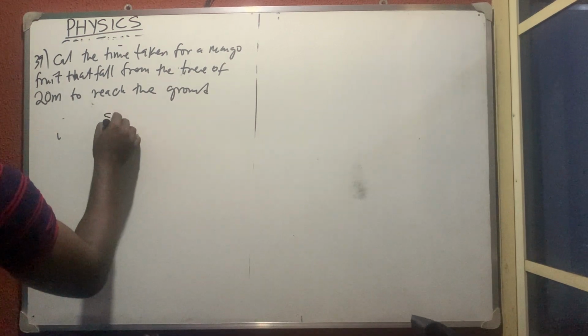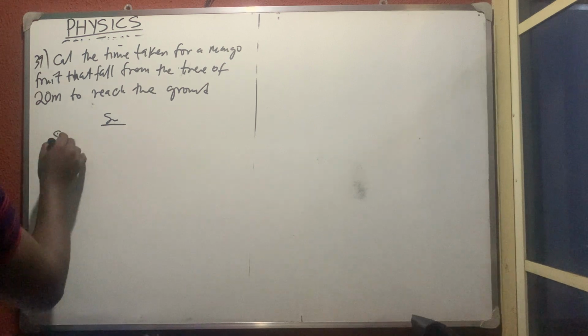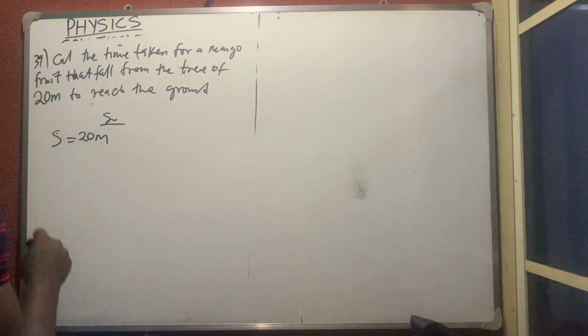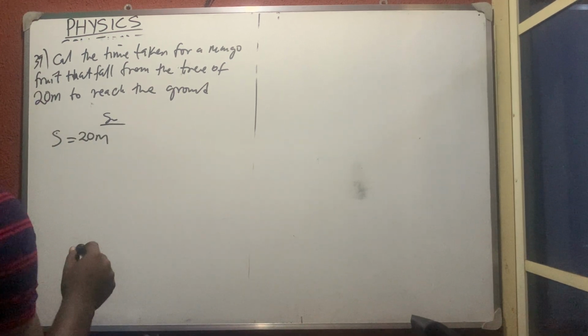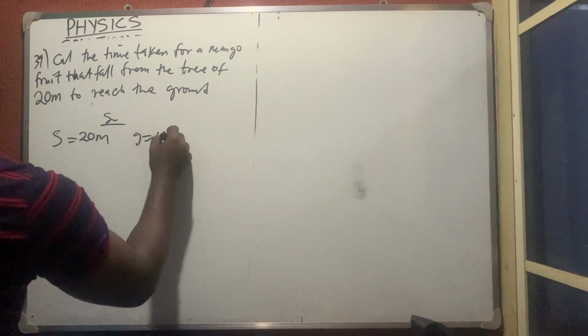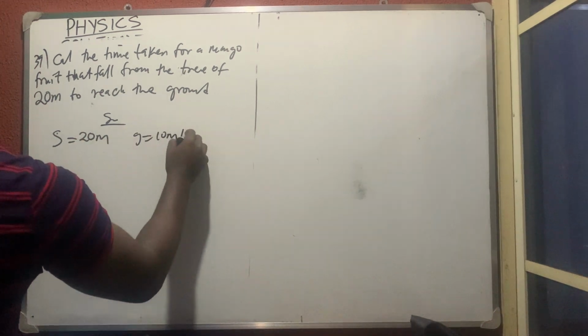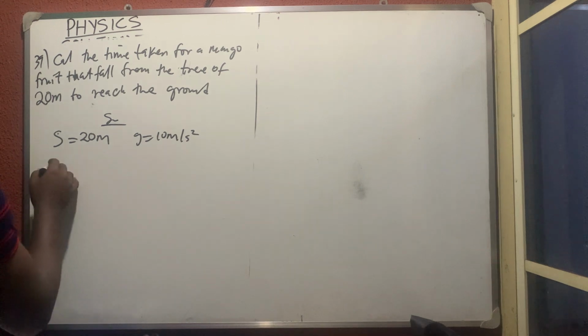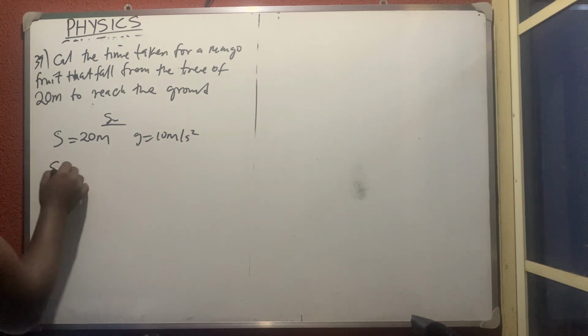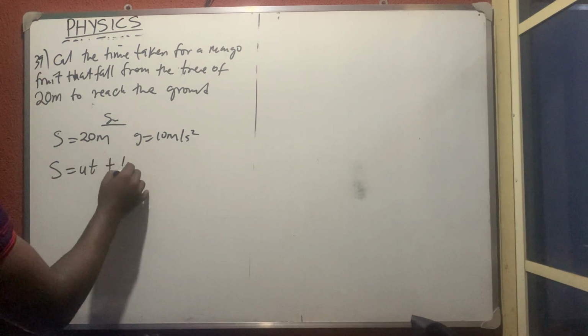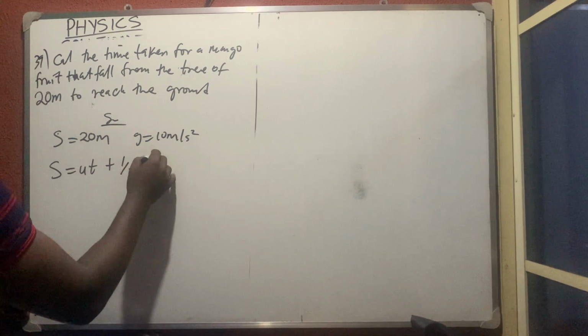Solution. They gave us the distance to be 20 meters. And that mango is falling from a tree, and they gave us g at 10 meters per second square. Okay, we know that s is equal to ut plus 1 over 2 gt squared.